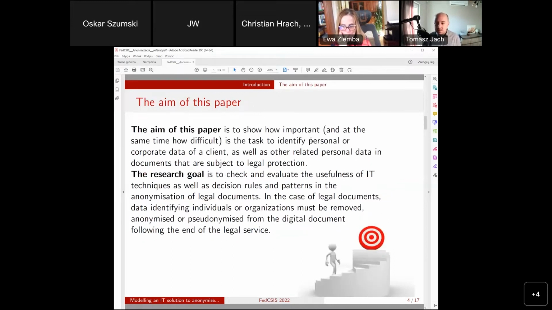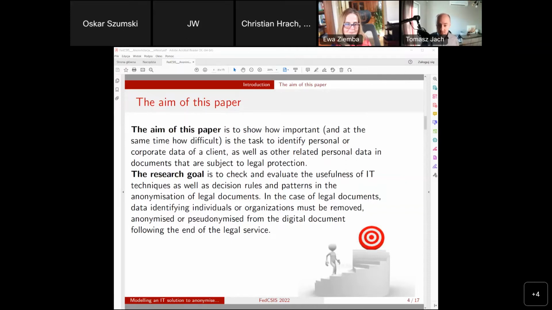So the aim of this paper is twofold. First of all, it is to show how important and at the same time how difficult the task of identifying personal or corporate data of a client is. By the way, there is no strict definition of this kind of data. Depending on the law in different countries or different parts of the European Union, it differs and makes the task even more difficult.